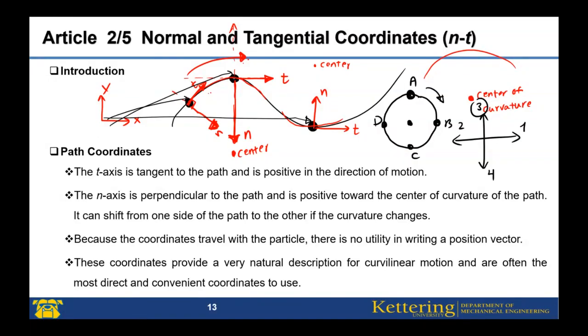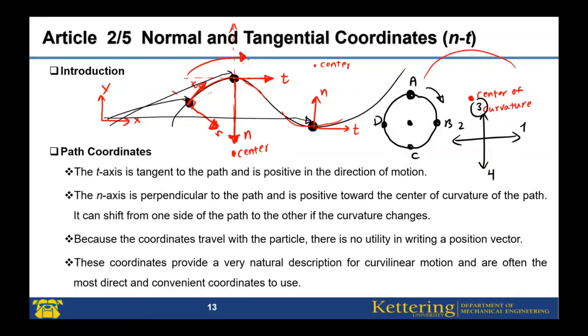Based on these sign numbers or coordinate numbers. 1, correct. What is the correct direction for the normal axis at point A? Which number do you select for the normal axis? 4. It's downward.